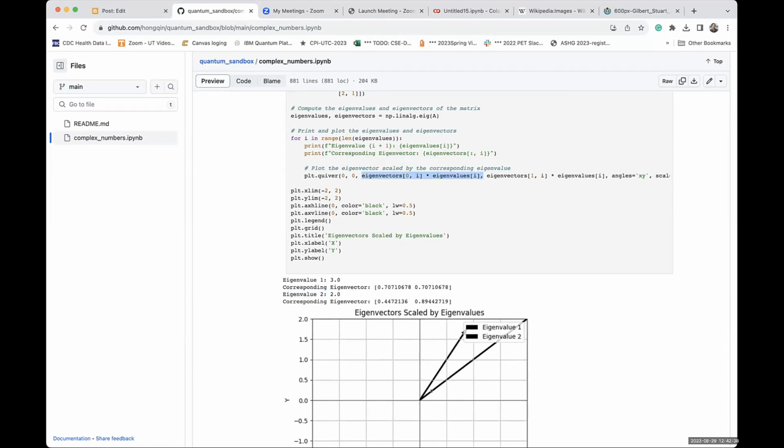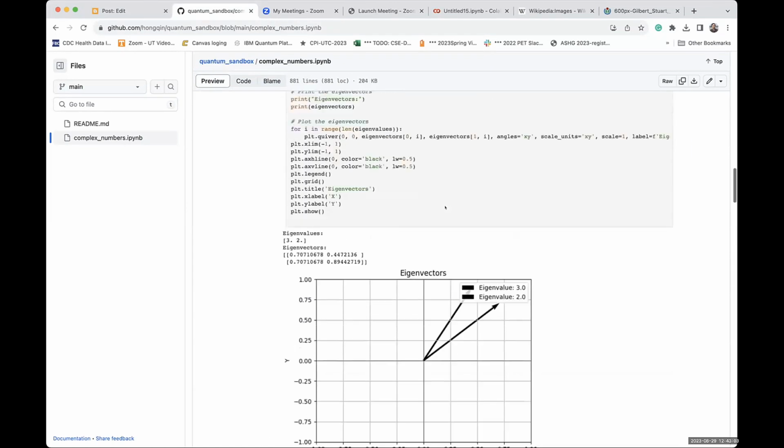So this one is 0.7 times 3, that would be 2.1. That's why it went out of range. Sorry, I didn't realize that the eigenvector actually is multiplied by the eigenvalue. So 0.7 becomes 2.1 now. Okay, that's right.